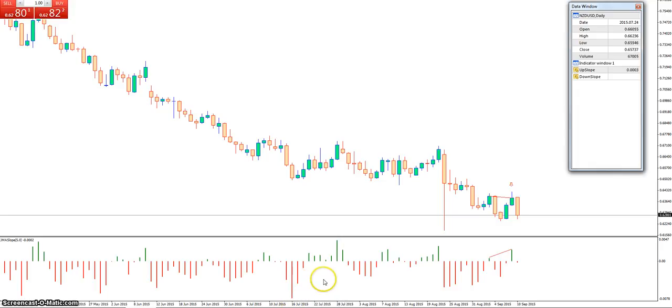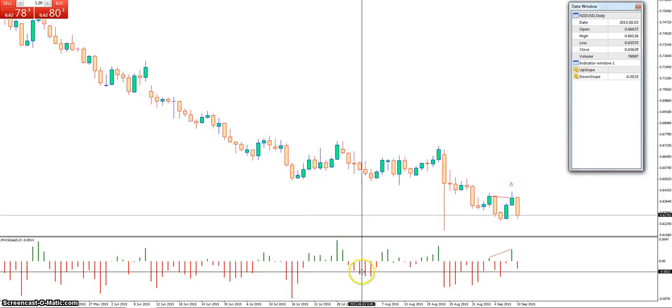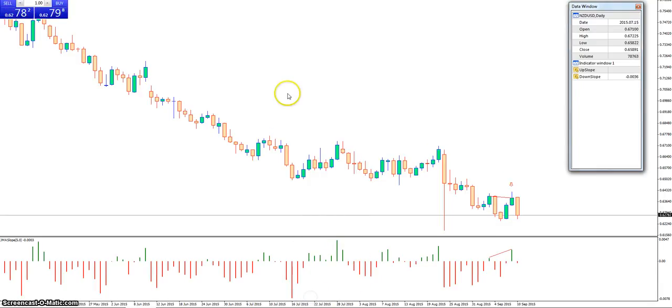Fine. Now once this valley is formed, to form a negative divergence scenario, the bar value has to be lower than this. Only that way will our indicator direction be like this. So this was a selling scenario.